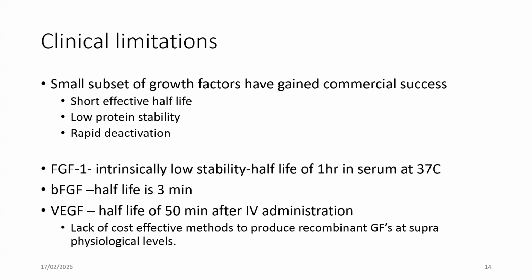So there is a lack of cost-effective methods to produce recombinant growth factors at supraphysiological levels. That means there are normal physiological levels, there are sub-physiological levels, and there are supraphysiological levels. So it makes you think, why can't we just put supraphysiological levels in a scaffold and put it inside the body? And by the time it reaches, it will be at the normal physiological level that the growth factor needs to be used at.